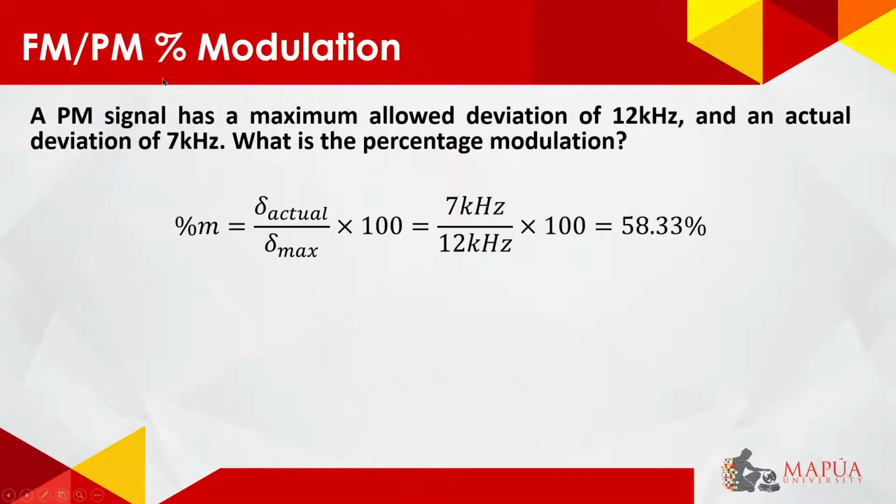Next, we have the FM and PM percent modulation. A PM signal has a maximum allowed deviation of 12 kHz and an actual deviation of 7 kHz. What is the percentage modulation?